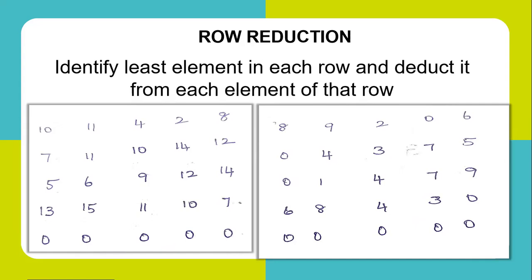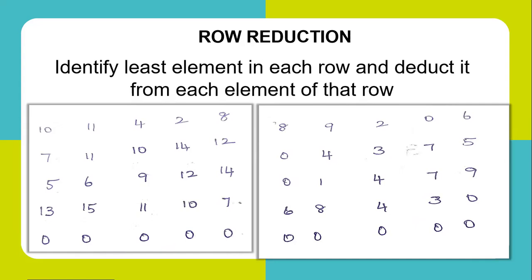The identified 5x5 matrix is converted into a simplified or reduced matrix by adopting the technique of row reduction. Row reduction is a concept where the least element in every row is identified, and that least cost element is deducted from every element of the row.